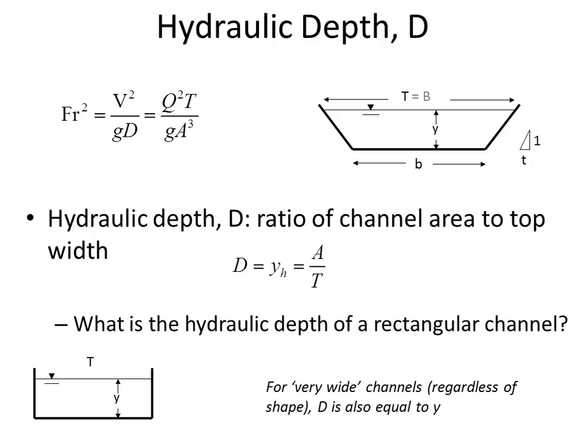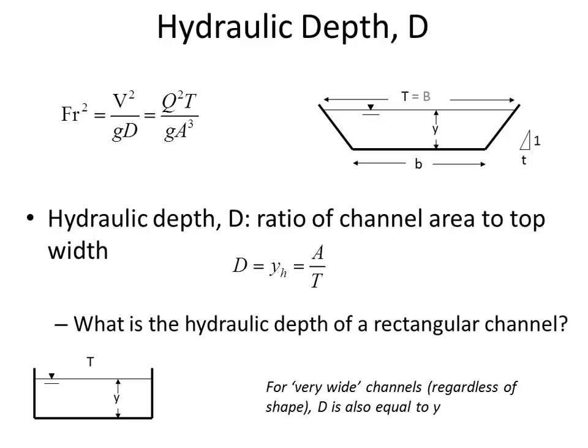Let me illustrate why. Let's say we have a trapezoidal channel, but it's very, very wide. In this case, the area associated with the sides is insignificant compared to the rectangular portion of the area, and so the hydraulic depth is essentially the same as its actual physical depth.